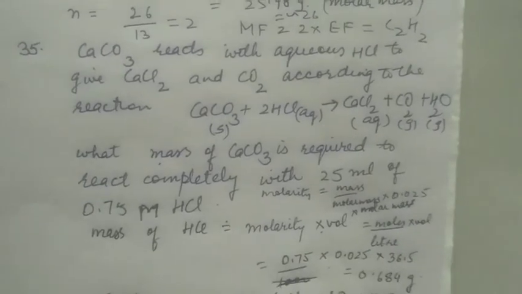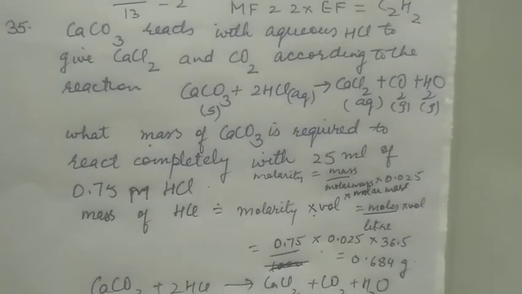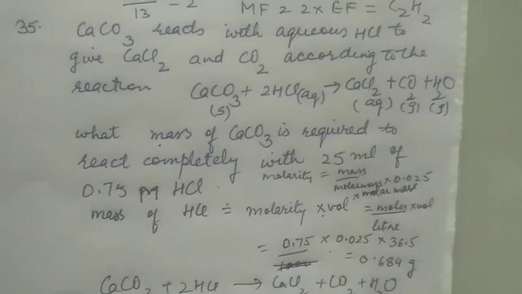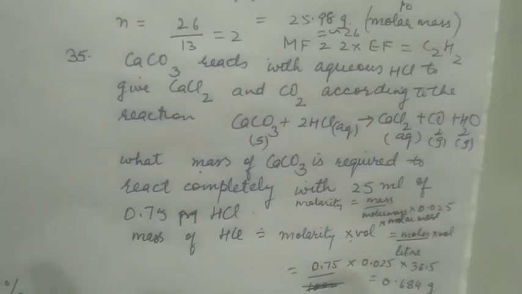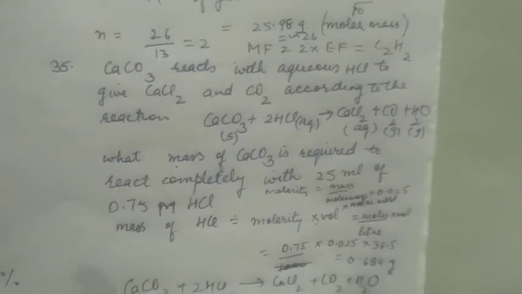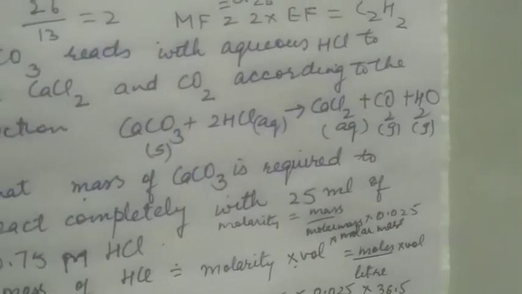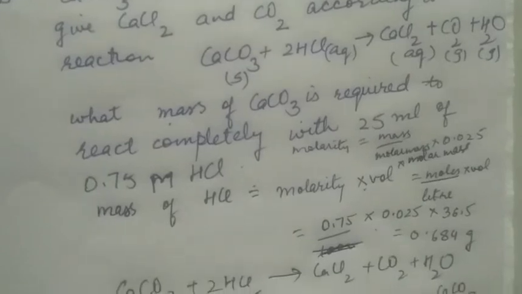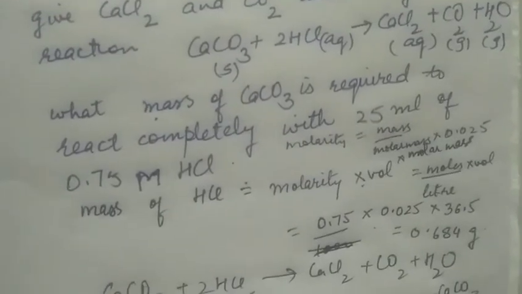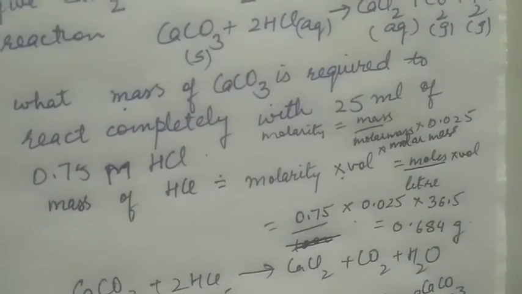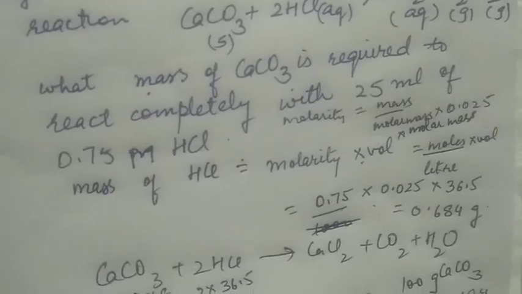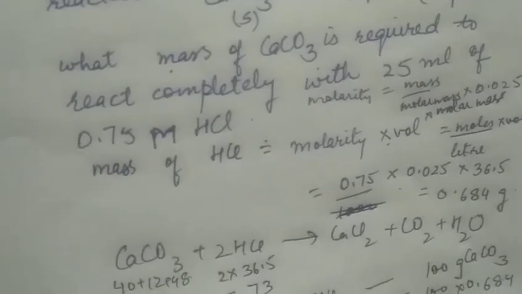Next question, calcium carbonate reacts with aqueous hydrogen chloride to give calcium chloride and carbon dioxide. According to the reaction, calcium carbonate plus 2 HCl gives calcium chloride plus carbon dioxide plus water. What mass of calcium carbonate is required to react completely with 25 milliliter of 0.75 molar HCl?